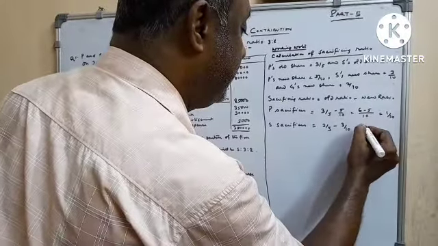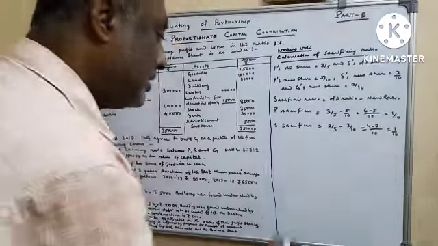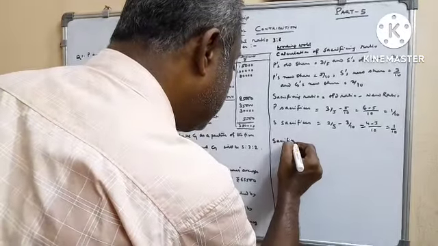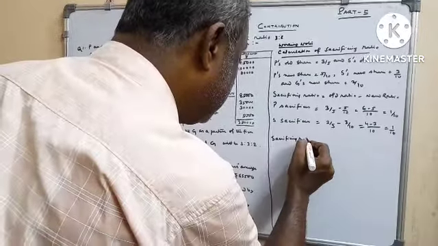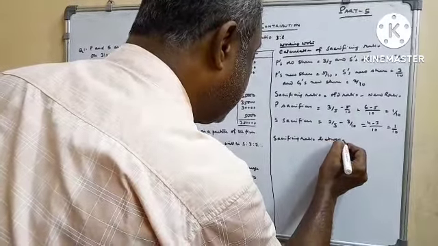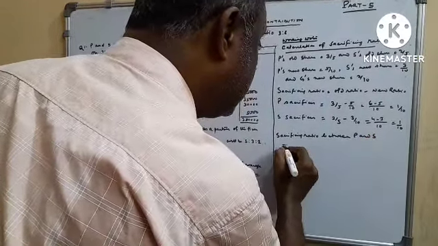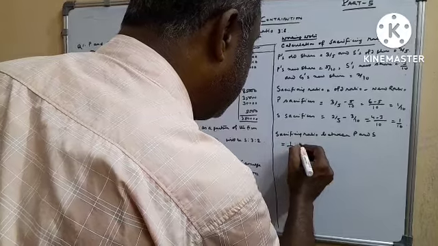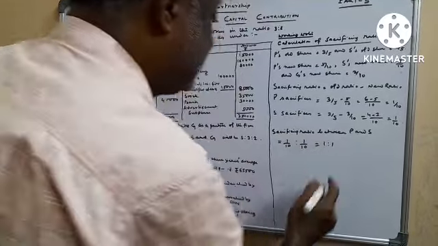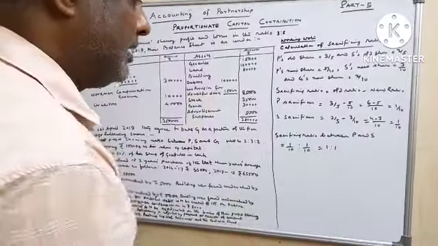LCM will be 10. 4 minus 3 equals 1/10. Now sacrificing ratio between P and S equals 1/10 is to 1/10 equals 1:1. So we got the sacrificing ratio between the old partners 1:1.